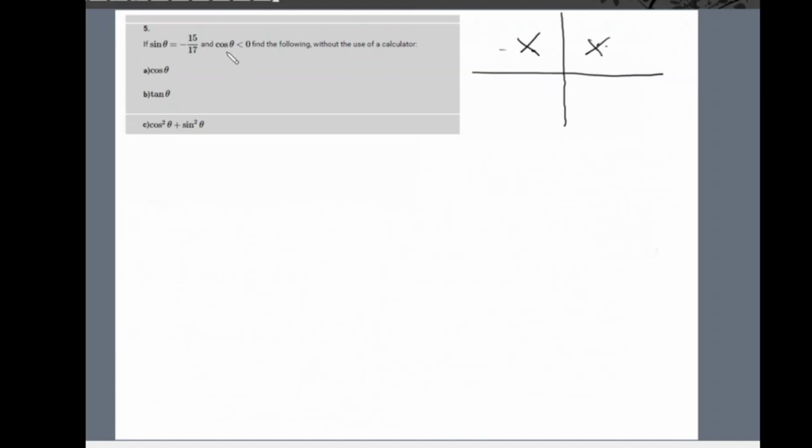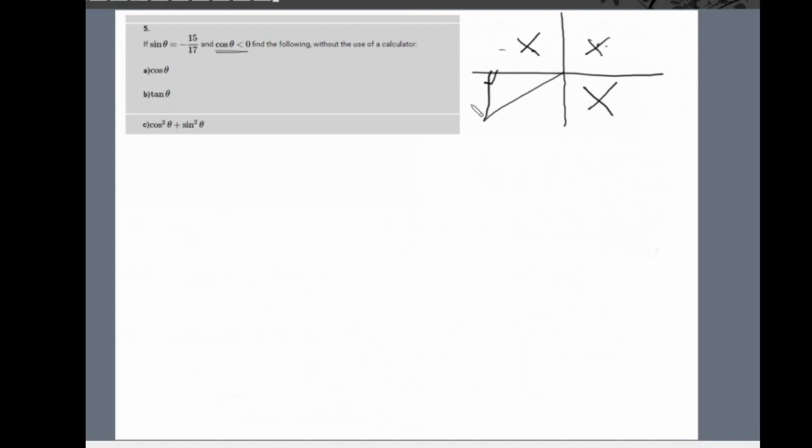They also tell us that cos theta is less than 0, which means cos theta is negative. We know that cos theta is positive in the first and fourth quadrants, so we are not in quadrant 4, because cos theta is negative, which means we are in quadrant number 3.